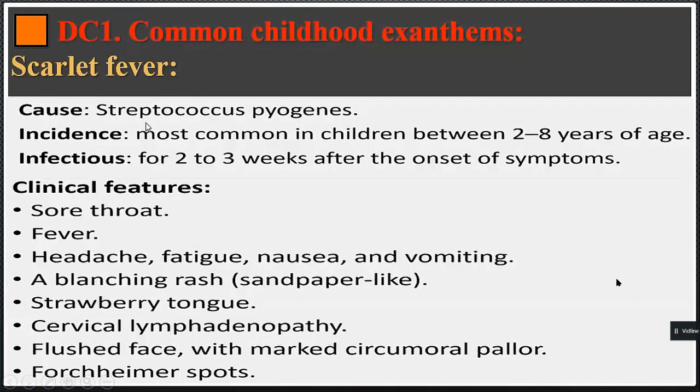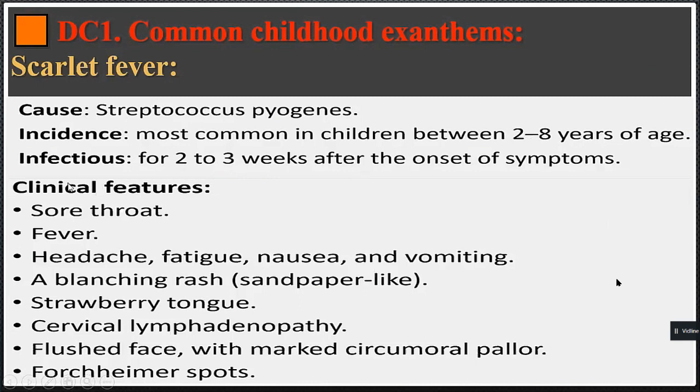Scarlet fever can be a common question in the exam. You have to be familiar with the causative organism, Streptococcus pyogenes, incidence from 2 to 8 years of age, infectious for 2 to 3 weeks after the onset of symptoms.